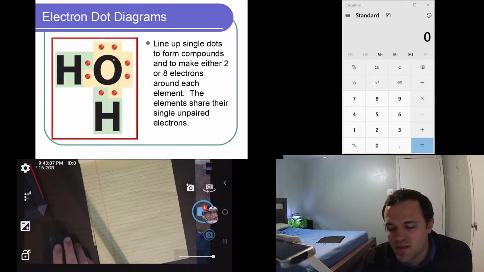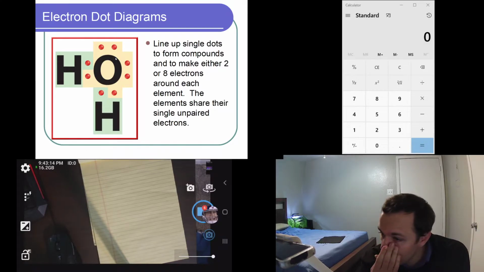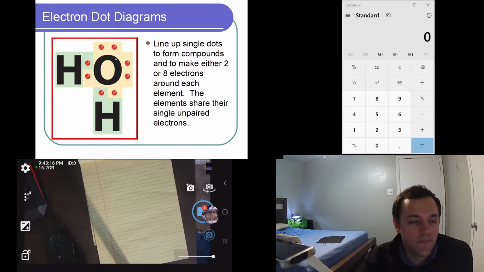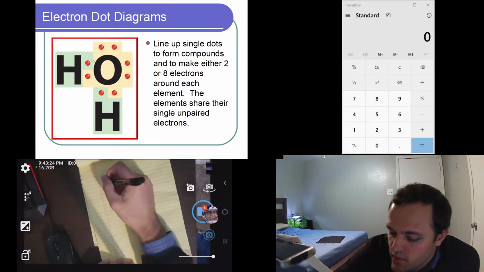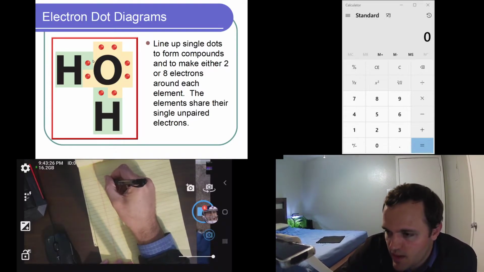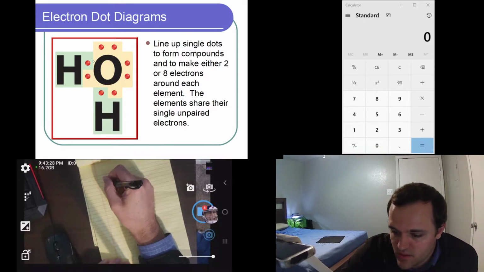Alright, and the reason these are useful is because we can use them to show how elements bond with one another. So here we've got water, H2O, and if we were going to draw each of these elements separately, we would say oxygen has 6 valence electrons.